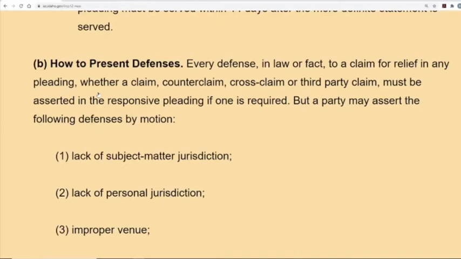But a party may assert the following defenses by motion. This is motion practice, folks. This is part of your being sui juris and performing your administrative duties. Again, must be in writing. The title of the motion is Motion to Dismiss, and these are your grounds.